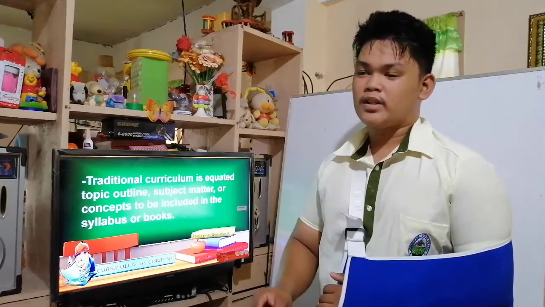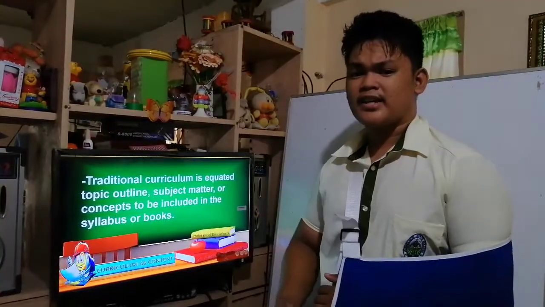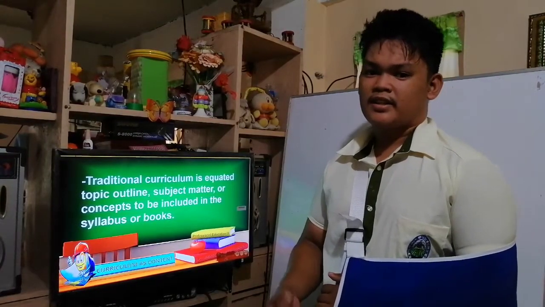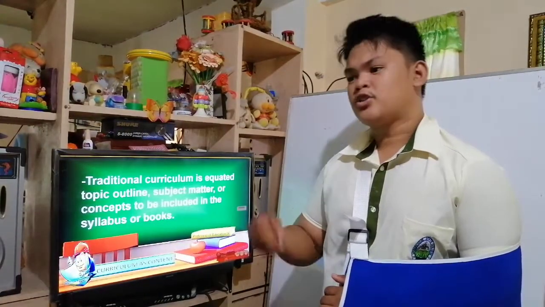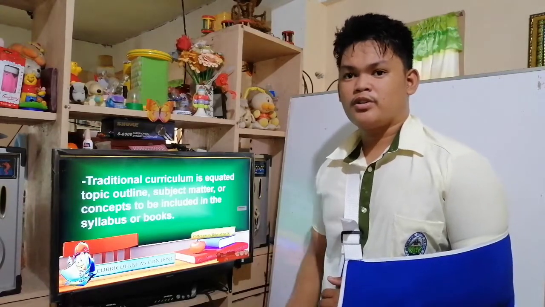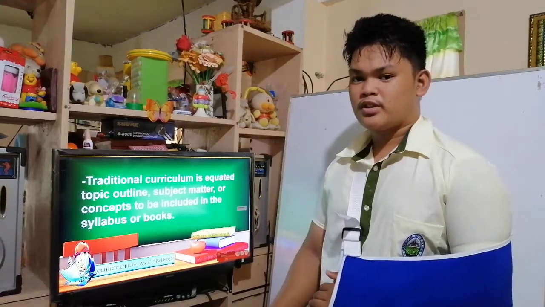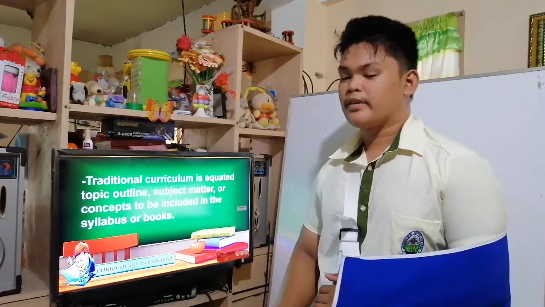In science, we deal with biology, natural science, earth science, which talk about the animals, plants, force and motion, layers of the earth, vegetation, natural disasters or calamities, and many more.